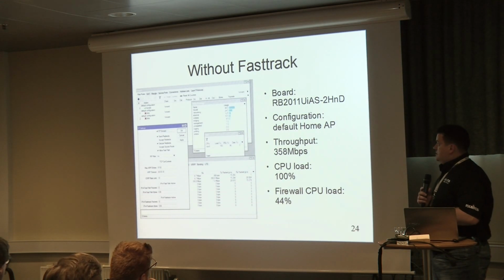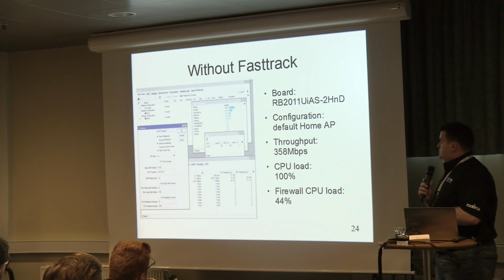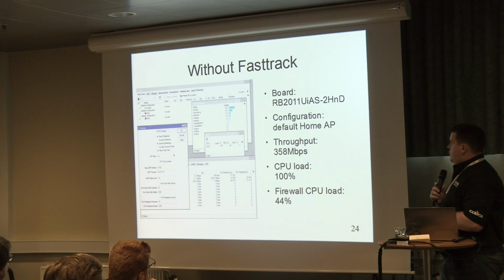So let's talk numbers. 2011, default home access point setup from QuickSet: throughput 358 megabits, load was 100%, and if you take a look at the tool profiler, you will see that the firewall is taking 44% of this. So that was before FastTrack was invented.